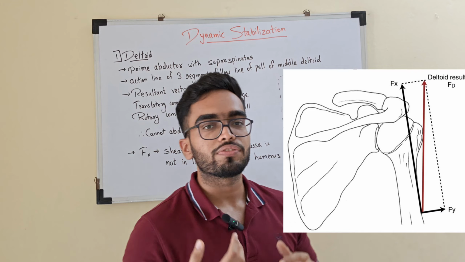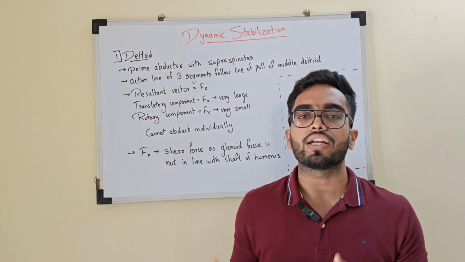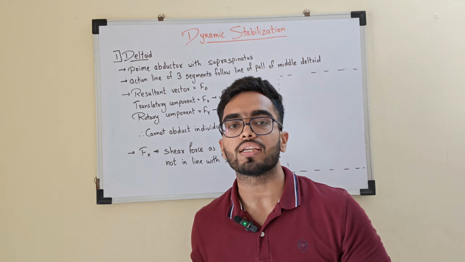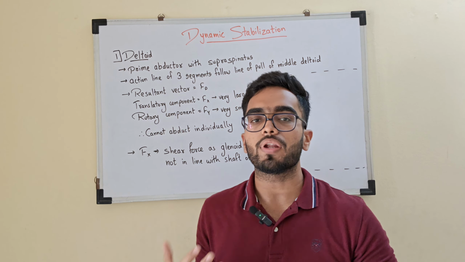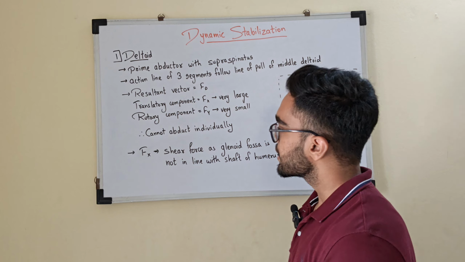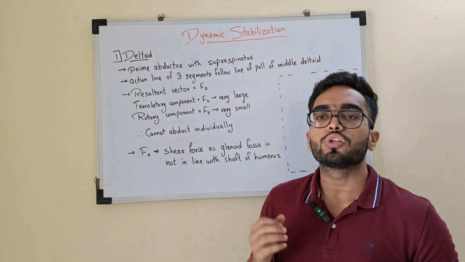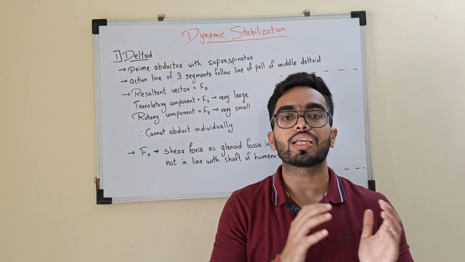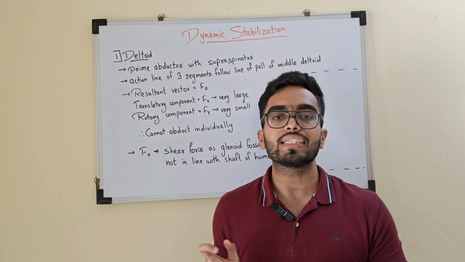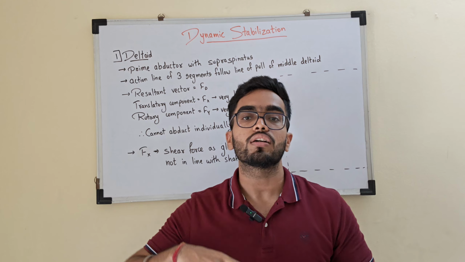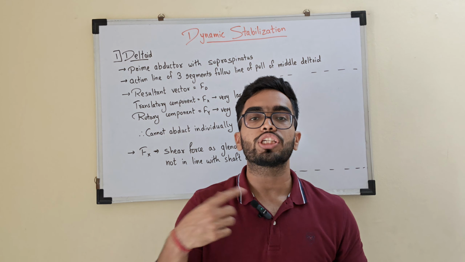Because this component is very small, it cannot undergo abduction on its own, so it requires the help of supraspinatus to do the abduction. Okay, now Fx, which is the translatory component, usually the translatory components along the shaft have a stabilizing effect, but in this case it does not have a stabilizing effect, rather it has a shear effect. It produces a shear force.